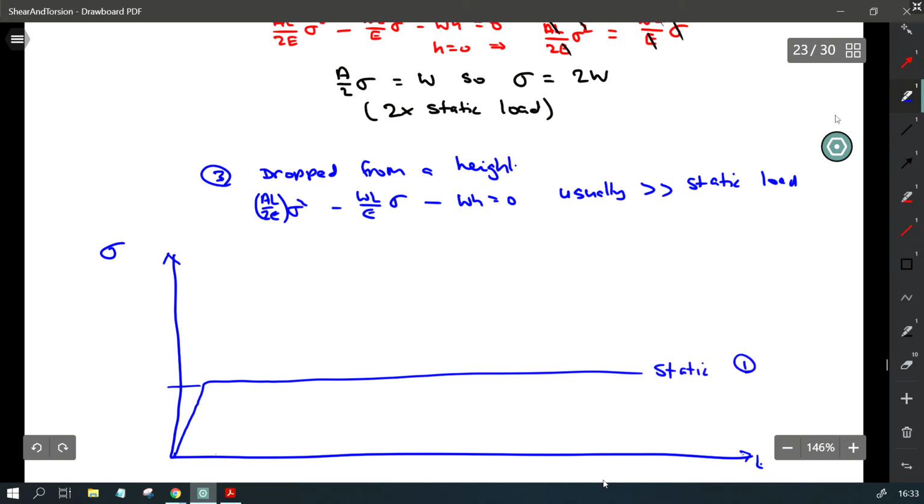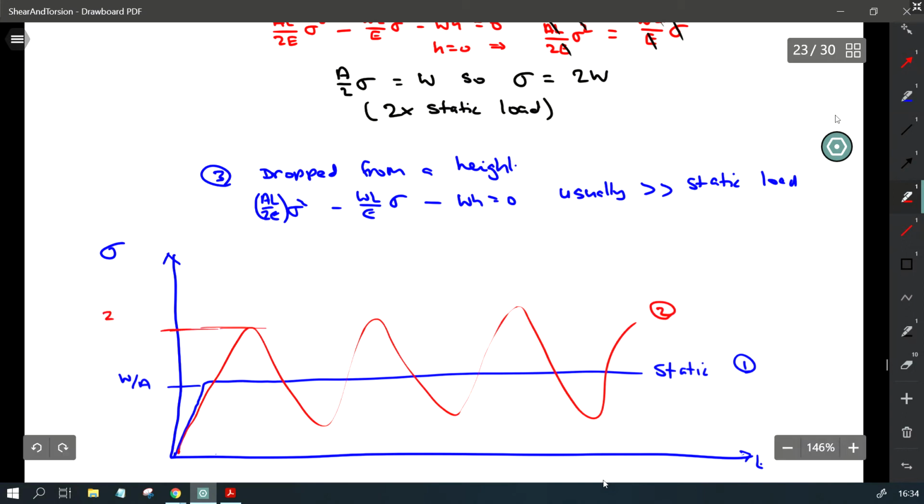That's case 1, so that's W over A. The dynamic case, the suddenly applied one, would be something like that. So the peak stress would be twice the static load, and the lowest stress would be 0.